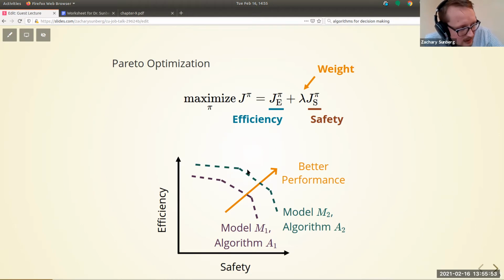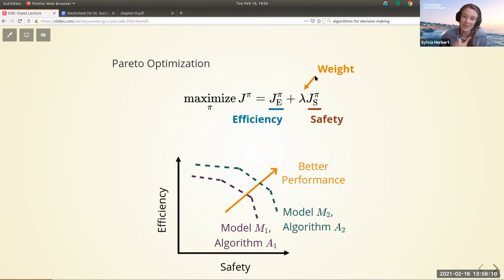So in practice, what we want to strive to do is make algorithms that are so good that people will prefer them no matter what their different weighting is.